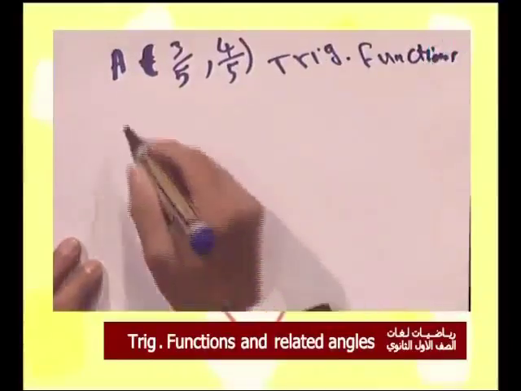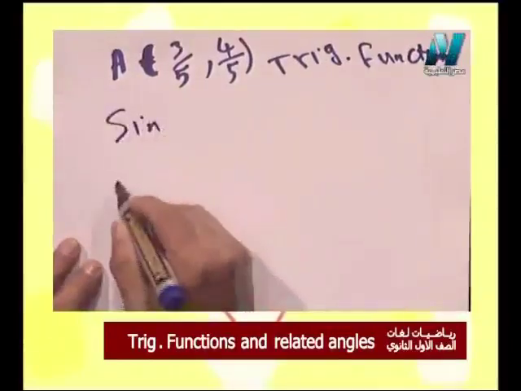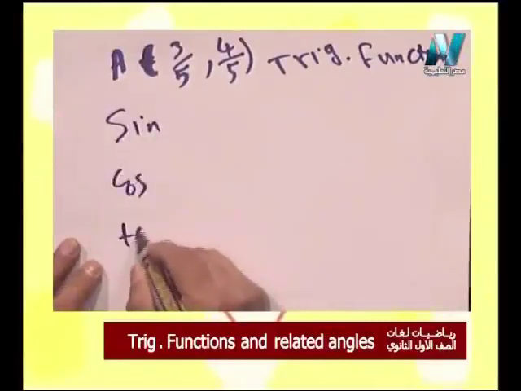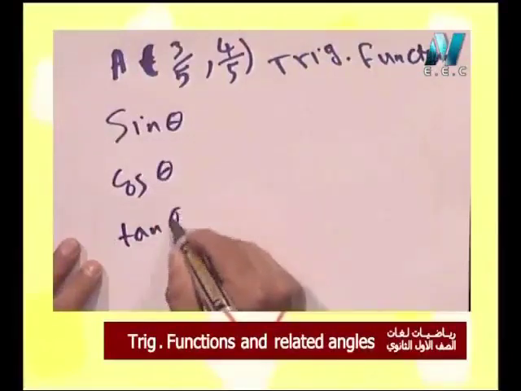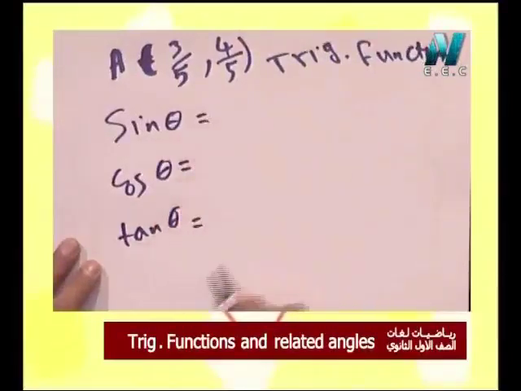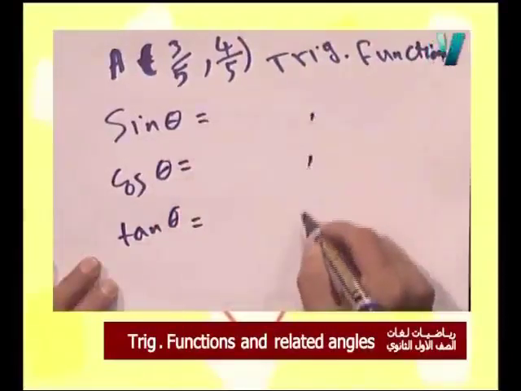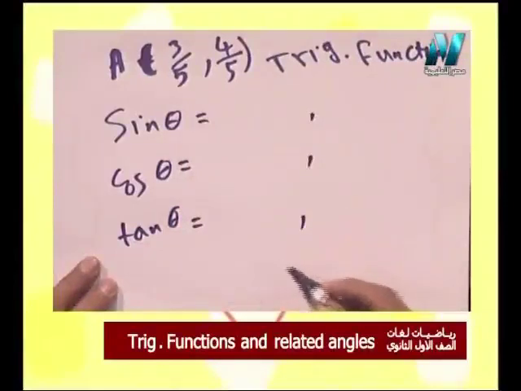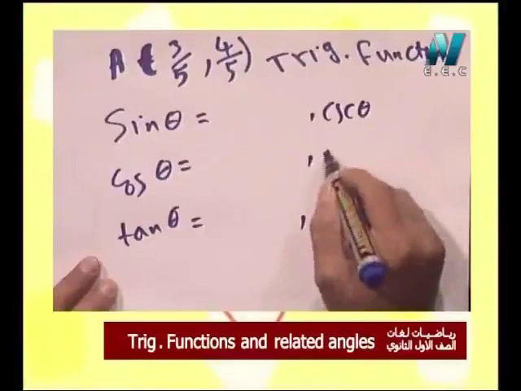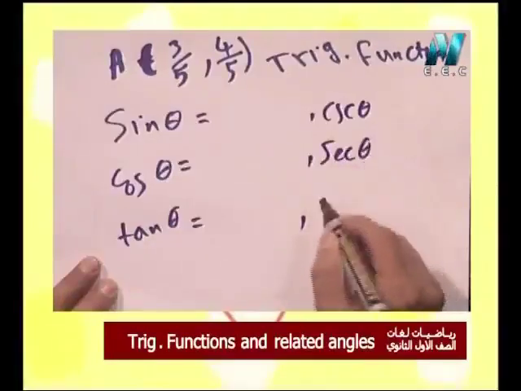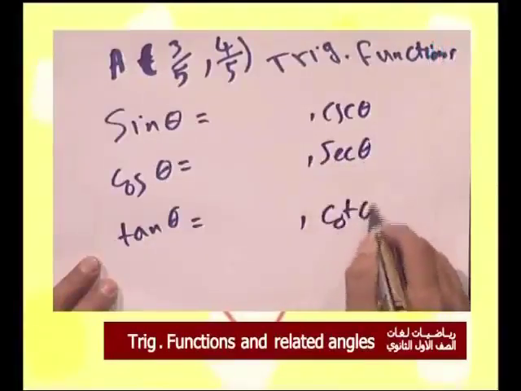Trig functions mean sine, cosine, tan: sine theta, cosine theta, and tan theta. And also we can go to their reciprocals, which are cosec theta, sec theta, and cotan theta.